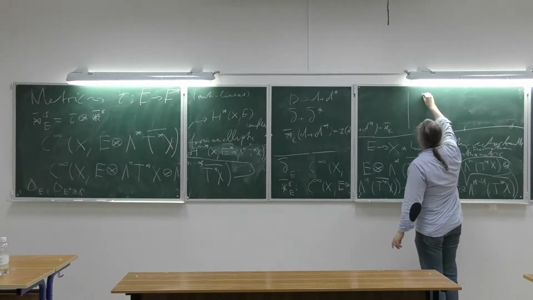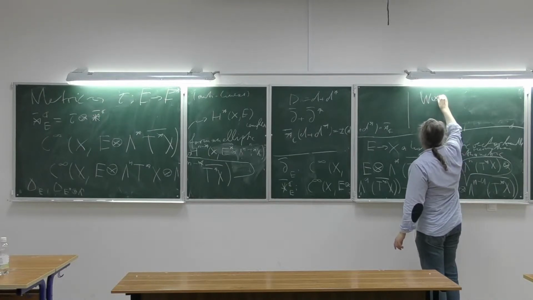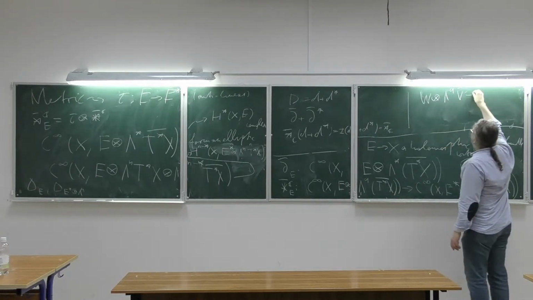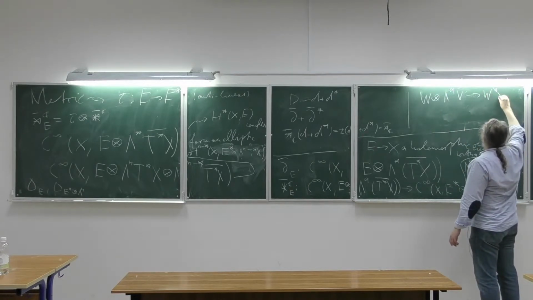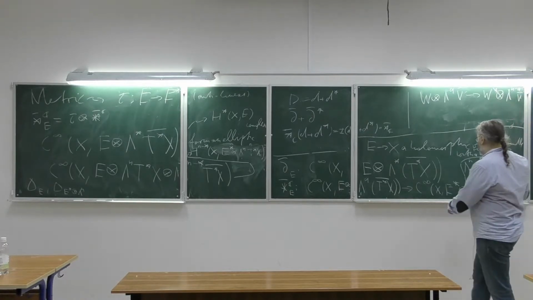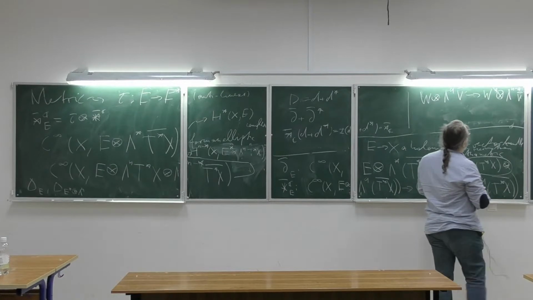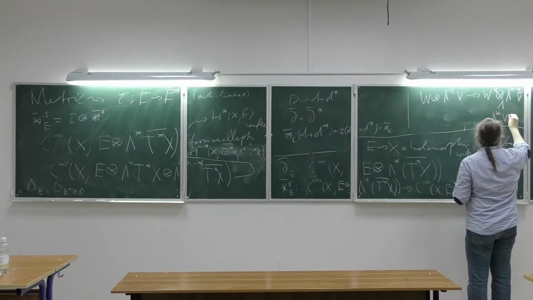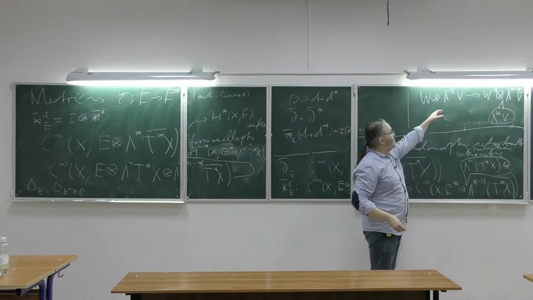a map from W tensor lambda q v bar to n minus q v bar, basically the stalkwise analog of this formula, is an isomorphism.